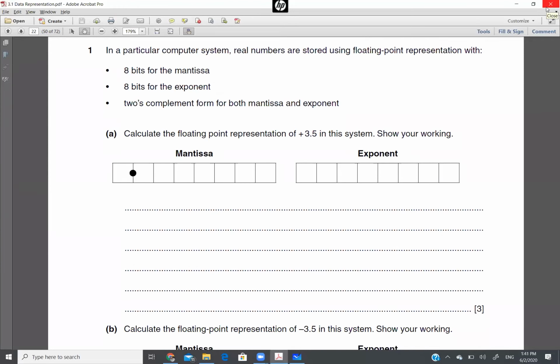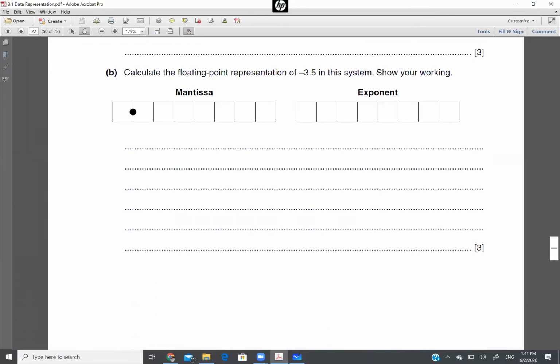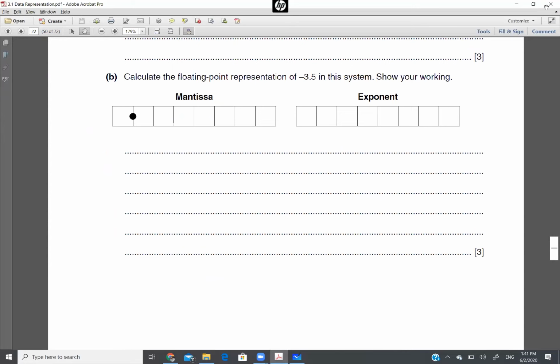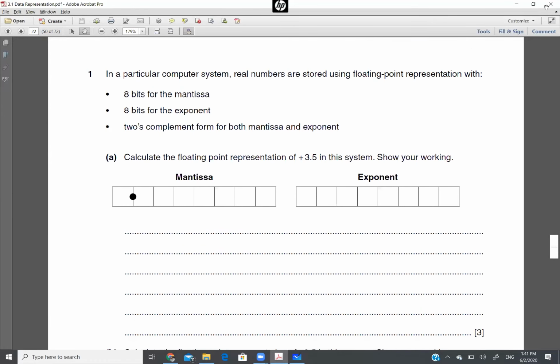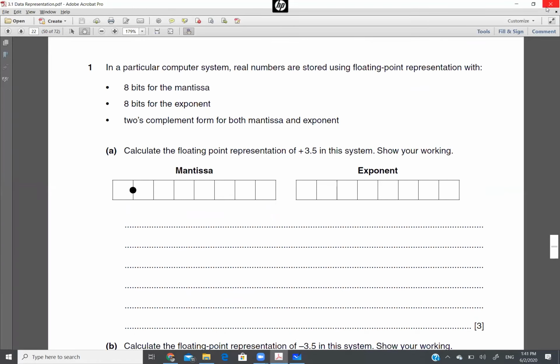In a particular computer system, real numbers are stored using floating point representation. This question is from October-November 16. Calculate the floating point representation of plus 3.5 in the system. Show your working.